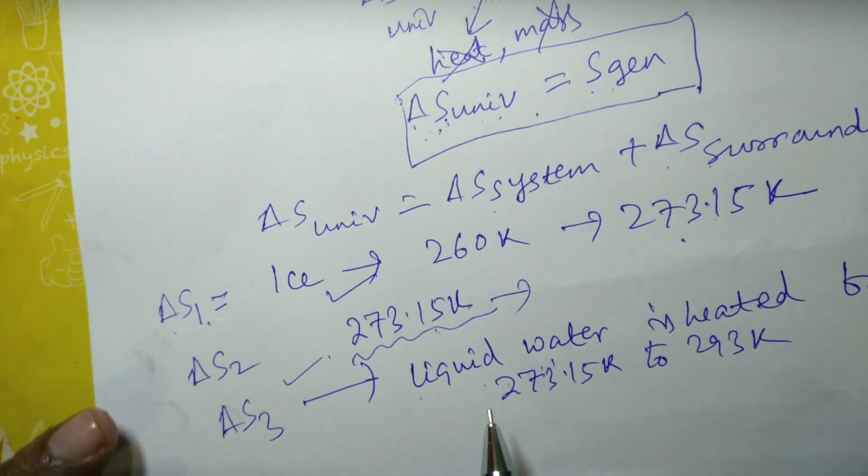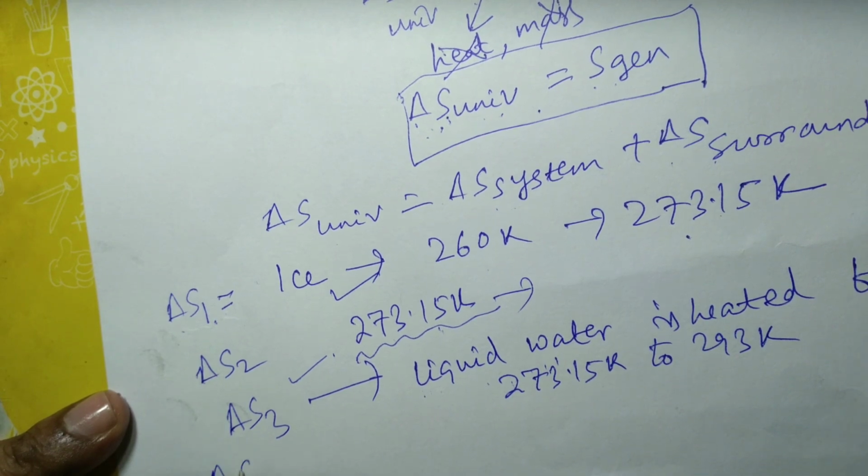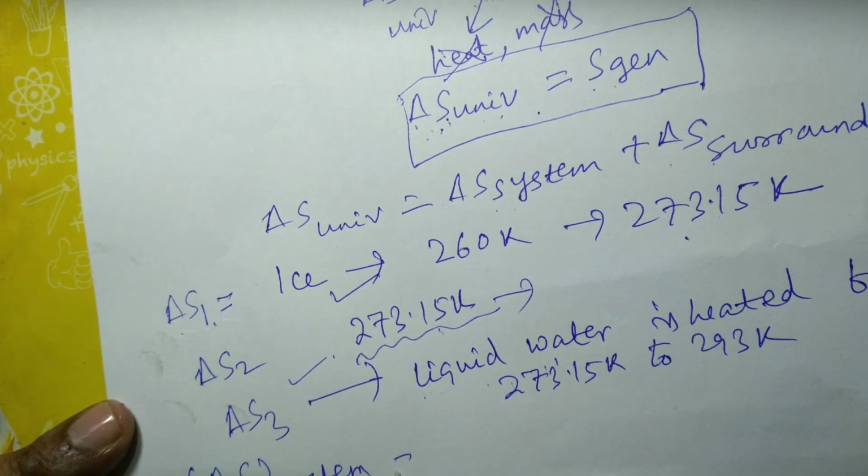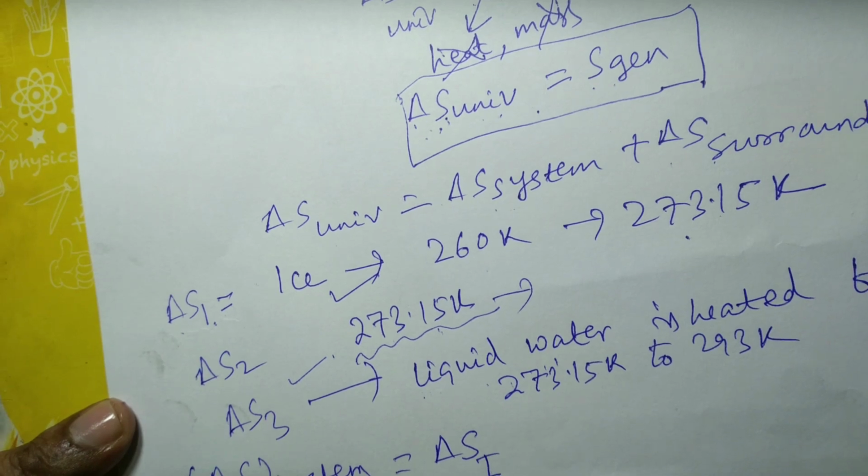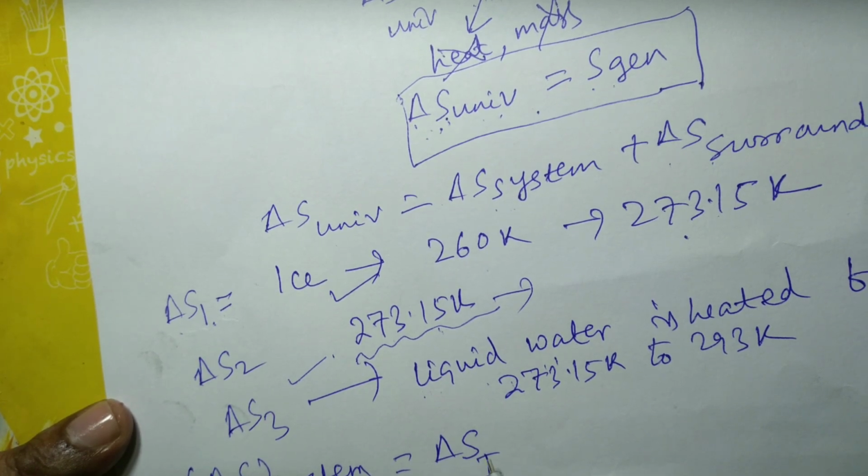So if you want to calculate the delta S of system, here delta S of system means ice, it will consist of the summation of change in entropies during three stages.